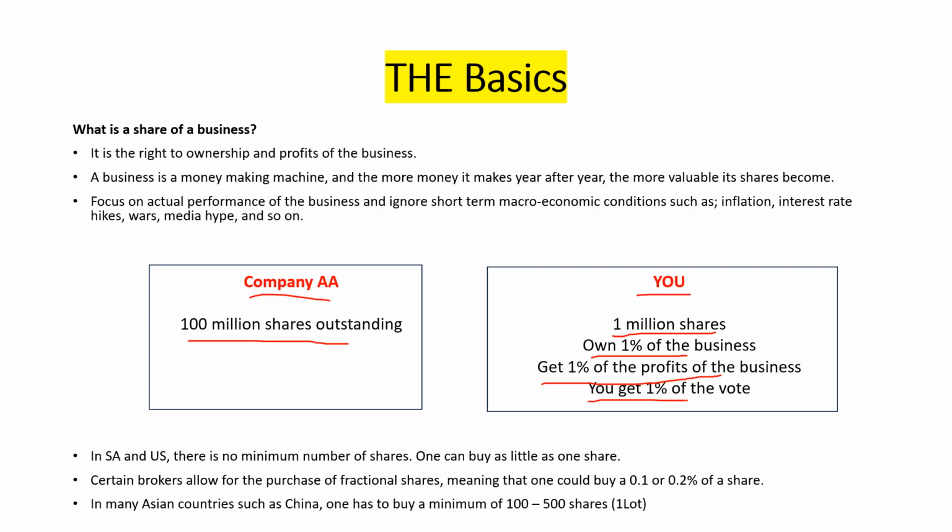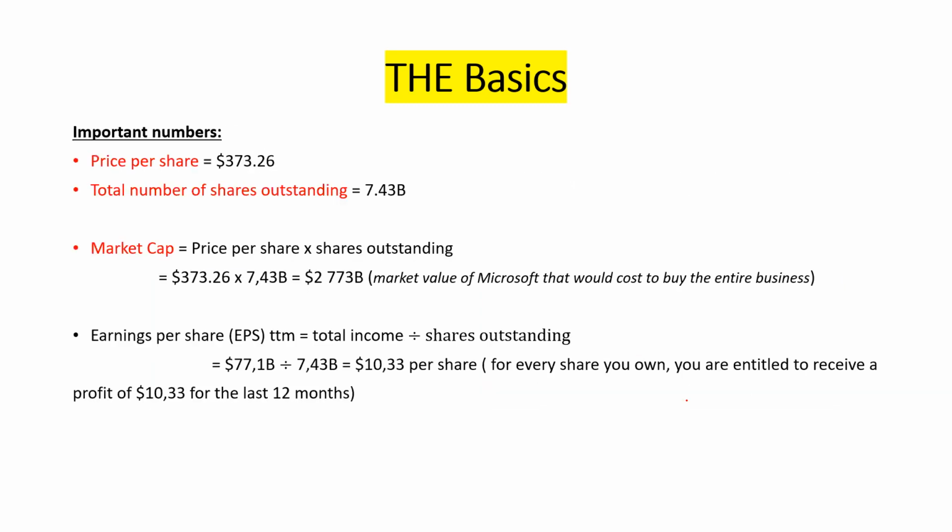This is normally catering for investors who cannot afford to buy the full share, right? Take note, however, that in many Asian countries, such as China, one has to buy a minimum of 100 to 500 shares. And that share bundle is called a lot.